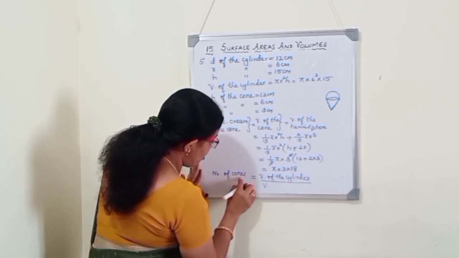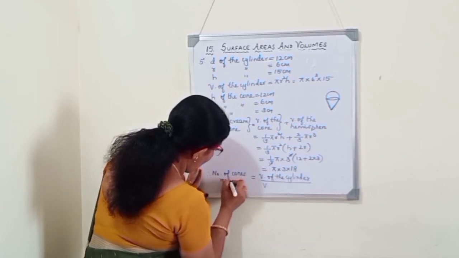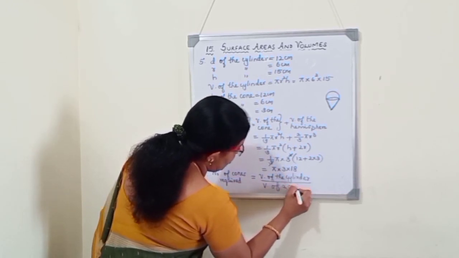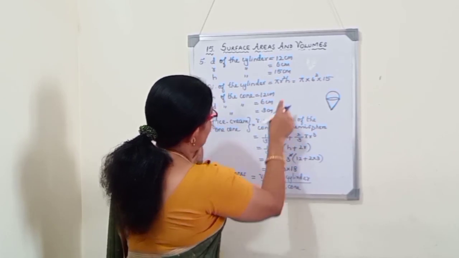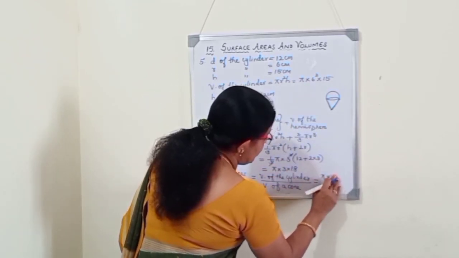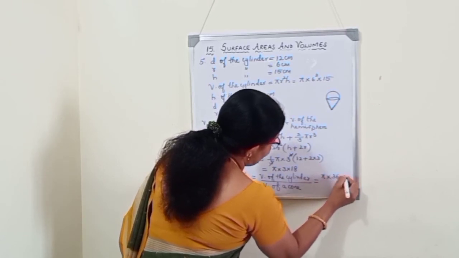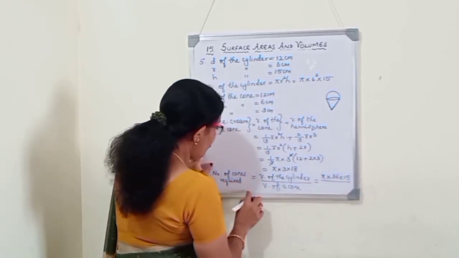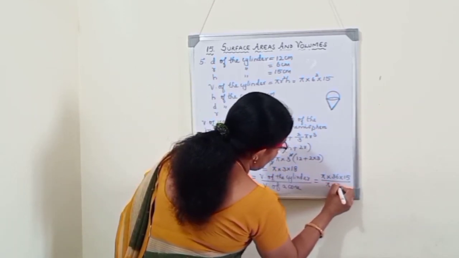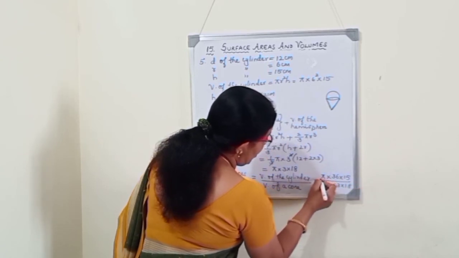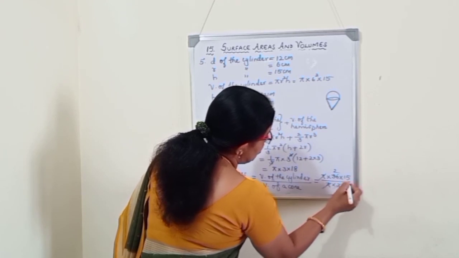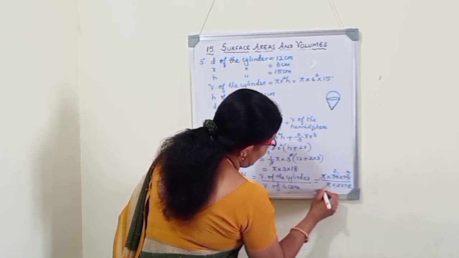And volume of the cylinder is pi into 6 square, I will write 36, into 15, divided by, here volume of a cone is pi into 3 into 18. So pi and pi will cancel. 18 2s are 36. 3 5s are 15. It is equal to 10.